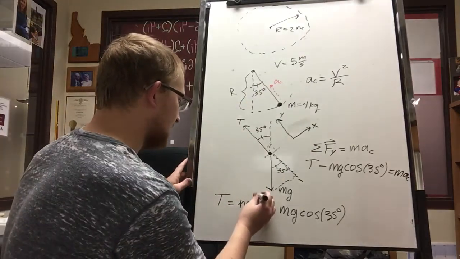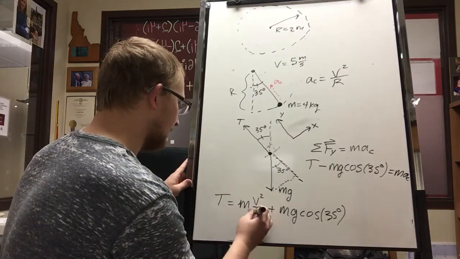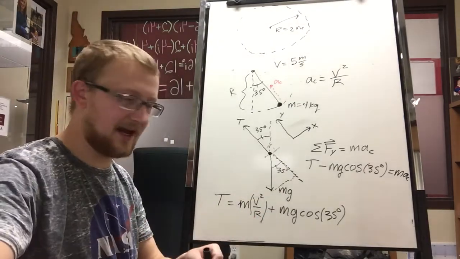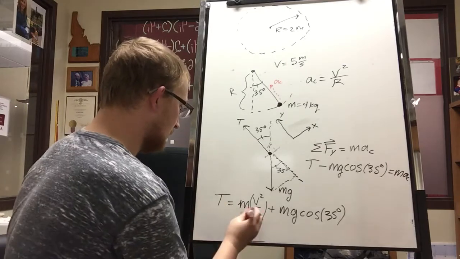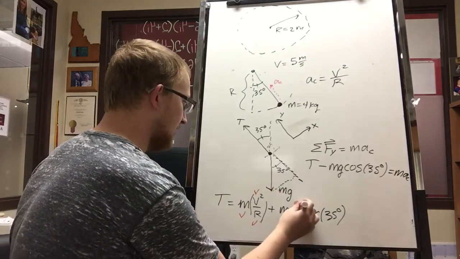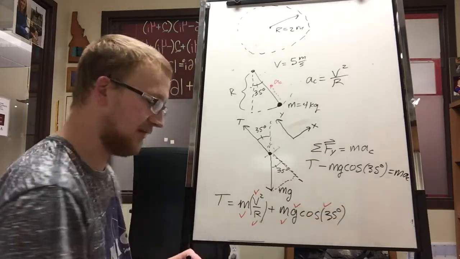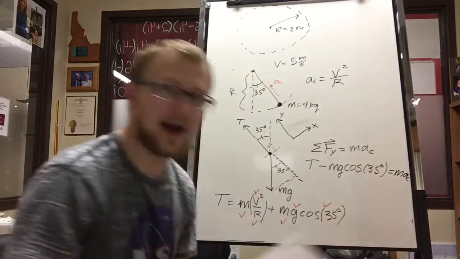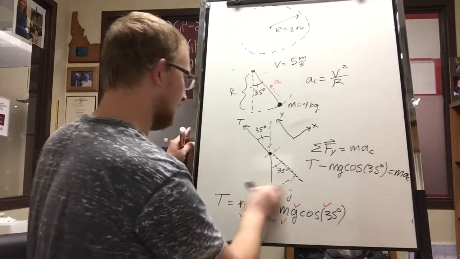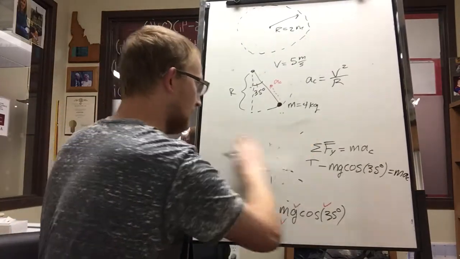So let's do that substitution. We know mass, we know radius, we know v, we know gravity, we know cosine 35. So the only unknown that we have at this moment is tension, so we can go ahead and solve for that.